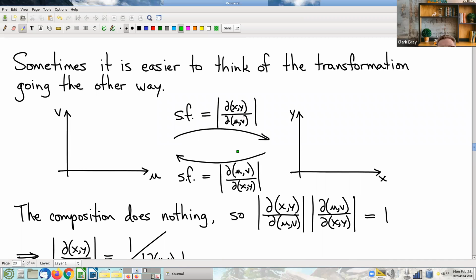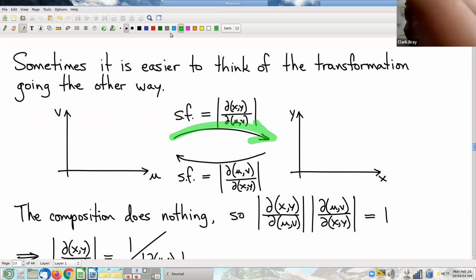Okay, now neat fact, and here we're going to come back to this notation and why this notation written as a fraction is kind of nice. I point out that if x and y are functions of u and v, and being as it is an invertible function, I can talk about its inverse.